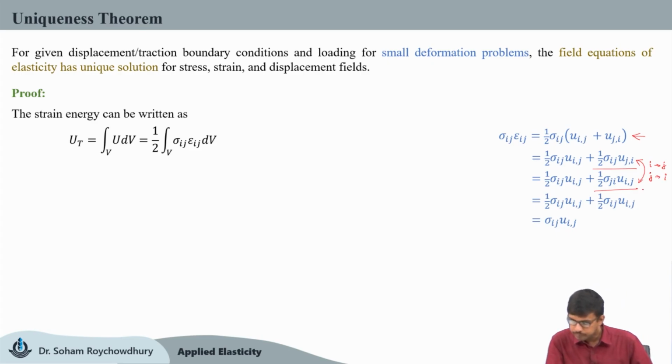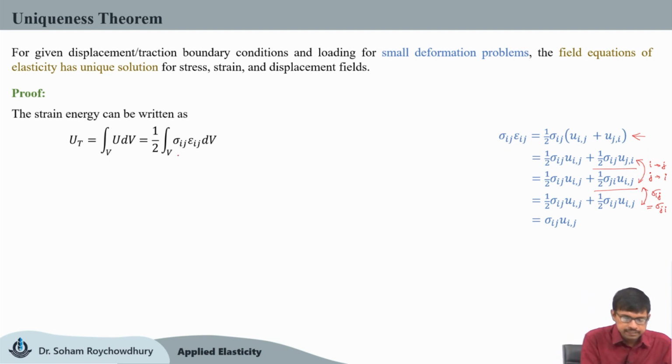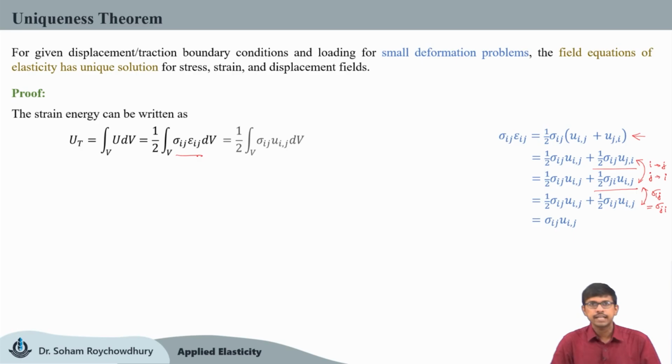And then finally, between this and this, we are using the symmetry of the Cauchy stress tensor, sigma ij equals sigma ji. With that, we can show that sigma ij epsilon ij equals sigma ij ui comma j. So, that is replaced here in the expression of strain energy. So, U would become half of the integral of sigma ij ui comma j over the total volume.